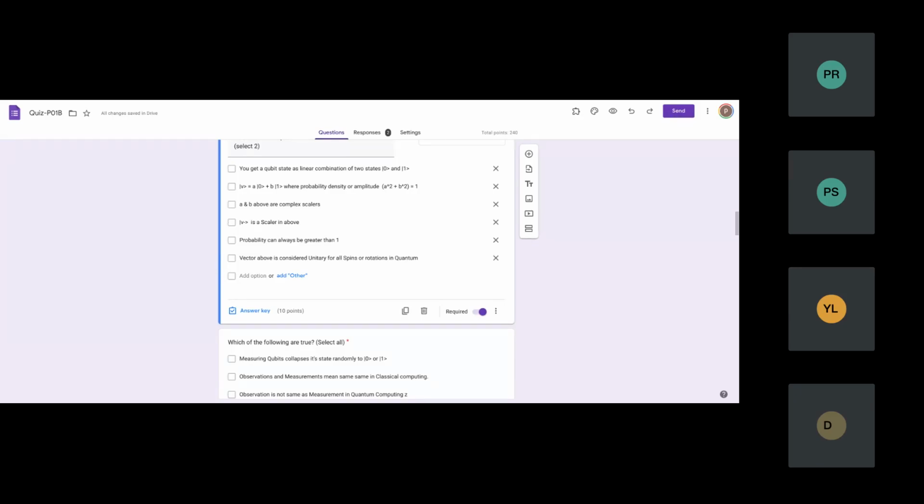If you take the multiplication of a complex conjugate coefficient with the coefficient, that is equal to the square. So alpha 0 complex conjugate alpha 0 is itself equal to the square, that is what we call alpha square plus beta square equal to 1. So basically we are representing the complex conjugate coefficient multiplied, that is x square plus y square, or a square plus b square, equal to 1. That's the representation.